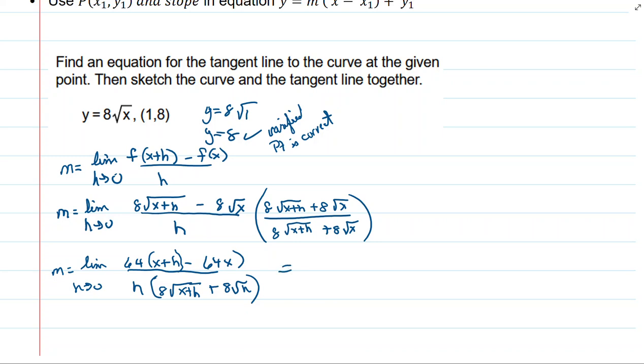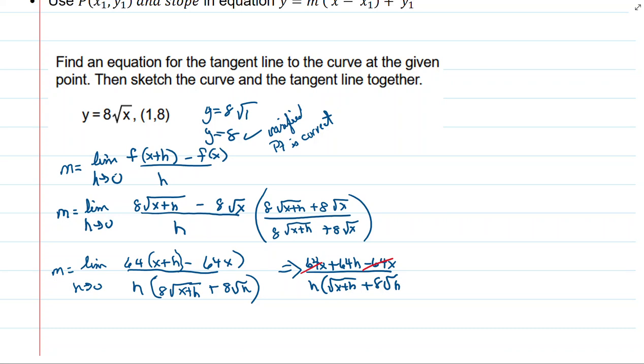When I do the distributive property, I'm just going to go across: 64x plus 64h minus 64x, all over h times the mess. So when I do that, x goes away, and I have only an h.